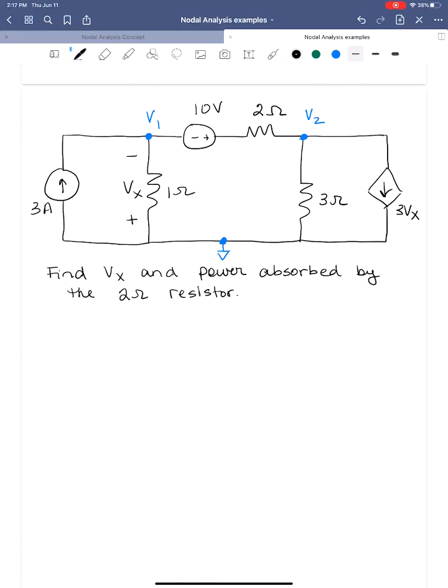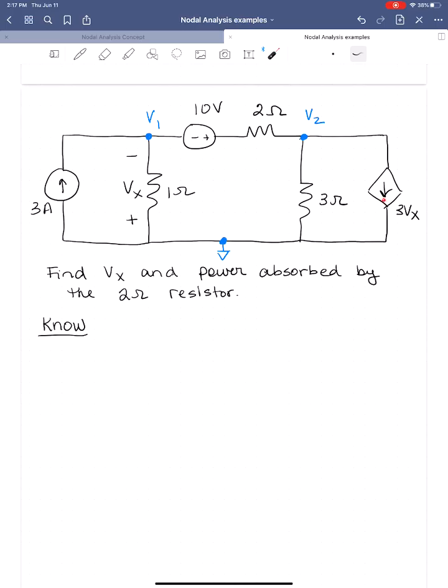In general, I like to start off by writing down things that I know. Whenever you have a dependent source in your circuit, you should write at least what the controlling element is in terms of the variables that you're dealing with. We have a dependent source in the circuit, this 3Vx, this voltage controlled current source.